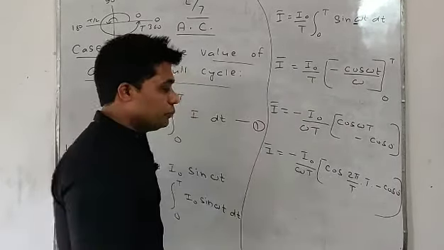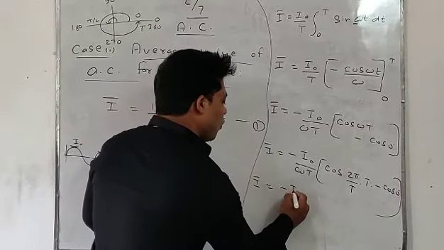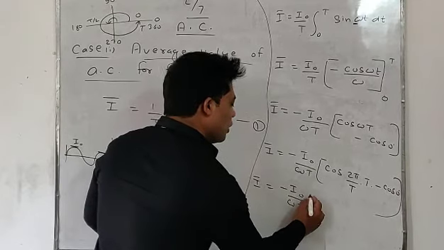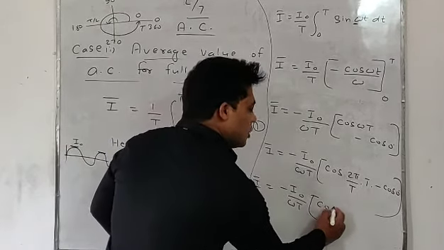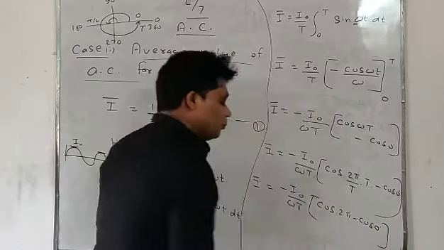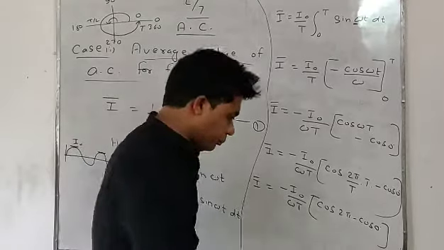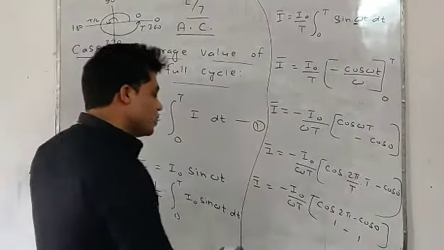T and T cancel out: cos 2 pi minus cos 0. Cos 2 pi is 1, cos 0 is also 1. 1 minus 1 is 0, and 0 into something is 0.